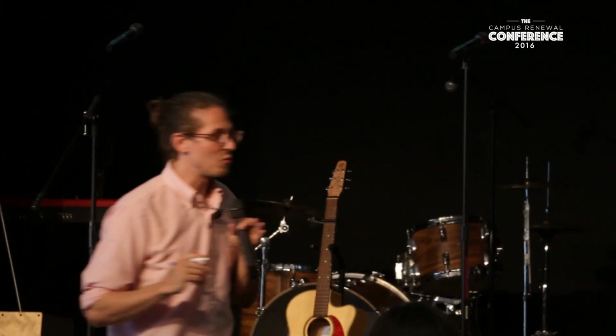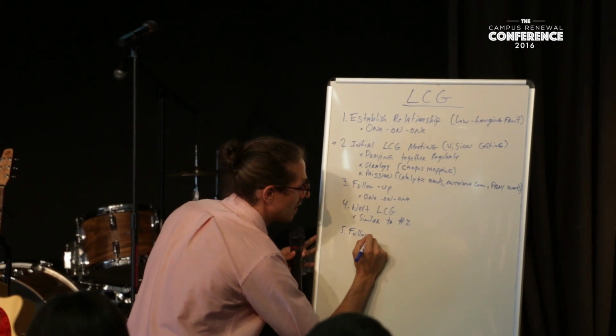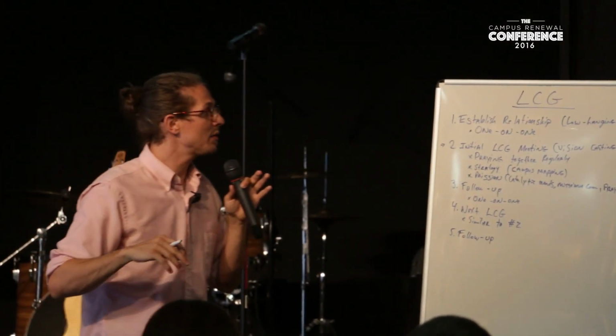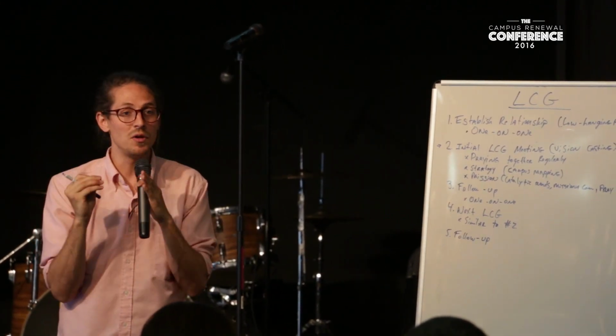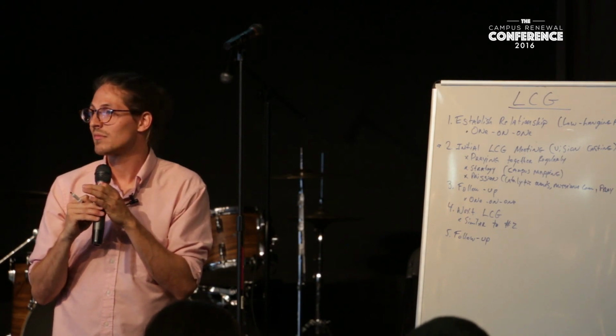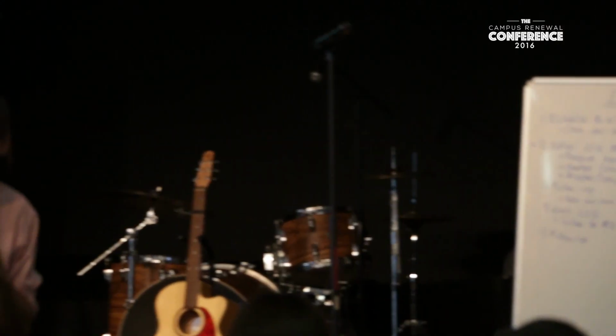5, another round of one-on-ones if possible. So you're following up again. Unity happens in the context of relationship. I believe that the smallest unit of unity is a one-on-one, growing out.